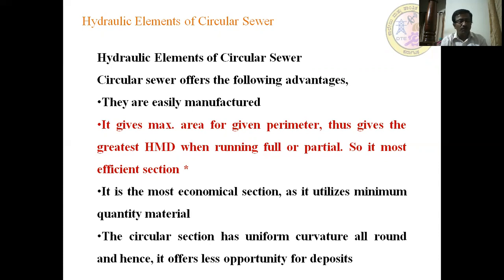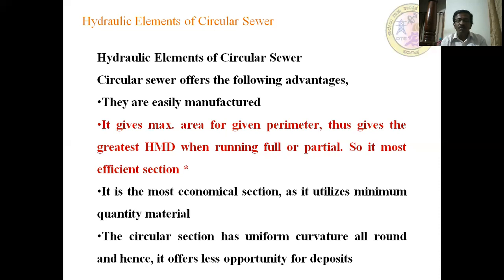It is cost effective. The circular section has uniform curvature all around, so it offers less opportunity for deposit. Since it is circular in nature, the chances of deposition are also less. And also, the total length of the perimeter is less, therefore the friction loss is also less.